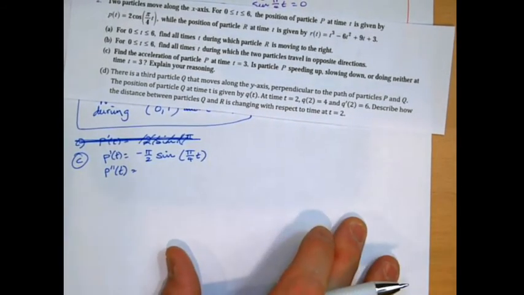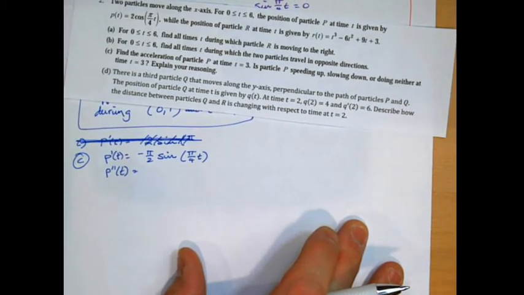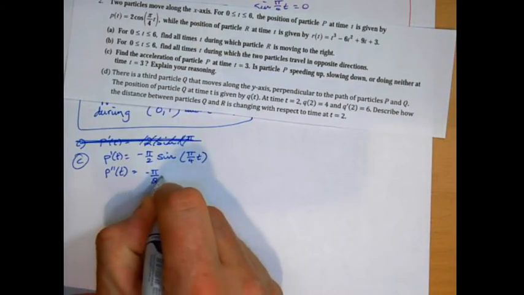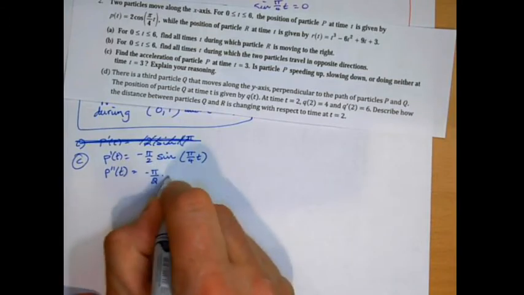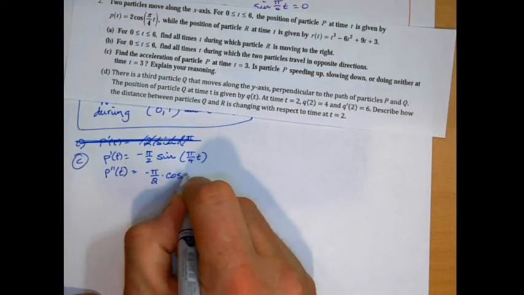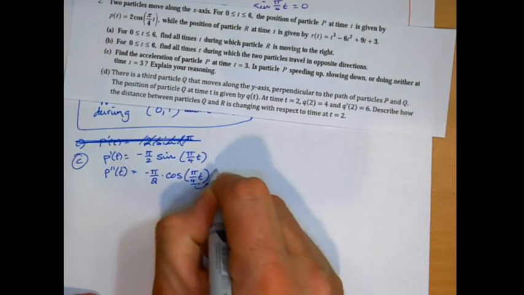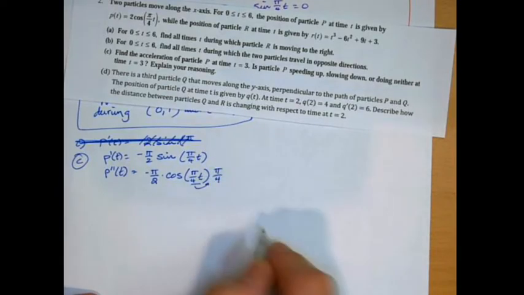All right, so we need to see the acceleration. So we need the derivative of this. This is a constant. We have the derivative of sine, which is cosine. We get back to cosine of pi over 4 times t, and then we have to take the derivative of the inside, the chain rule, which is pi over 4.